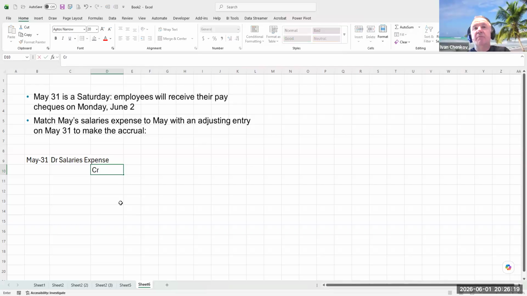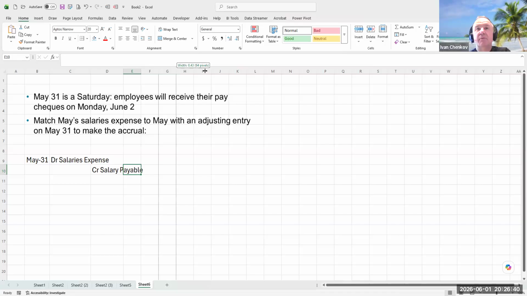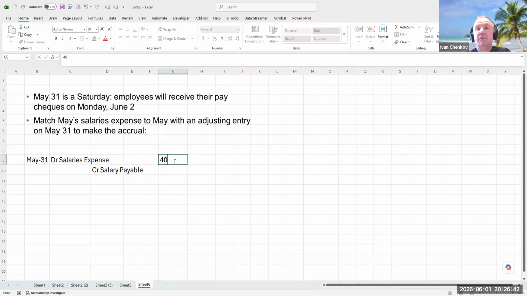Credit is going to be liability, right? What kind of liability? How are we going to call this liability? In this case, we're going to call it salary payable. And what will be the amount of that salary payable? That salary payable will be for the amount of $4,000.